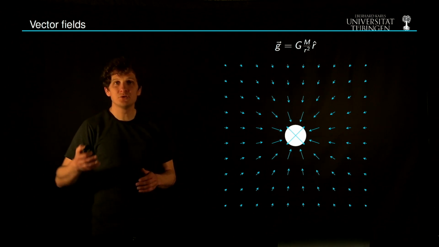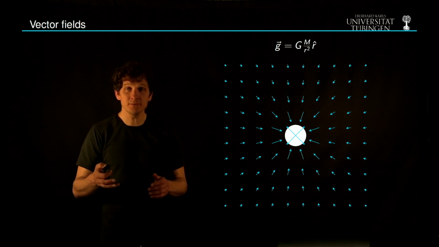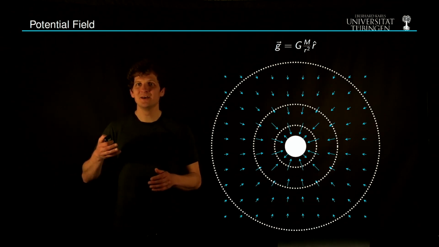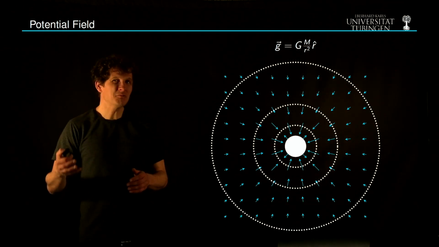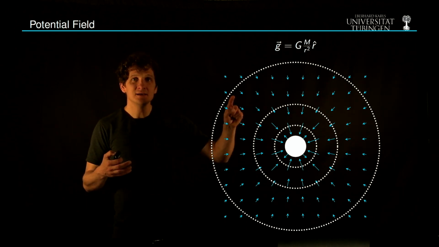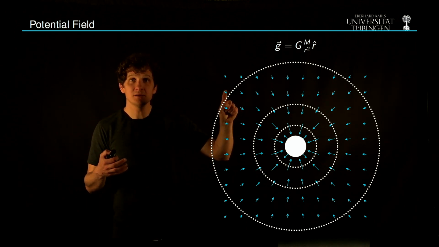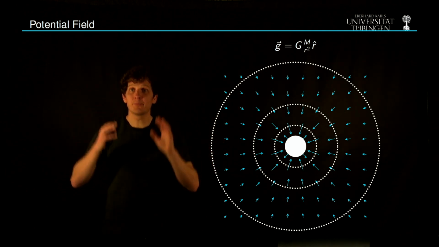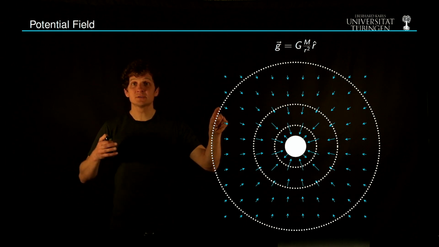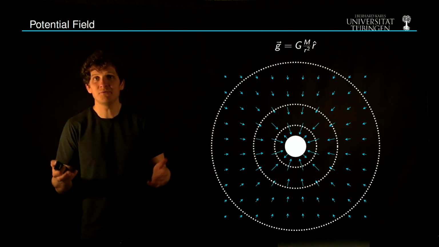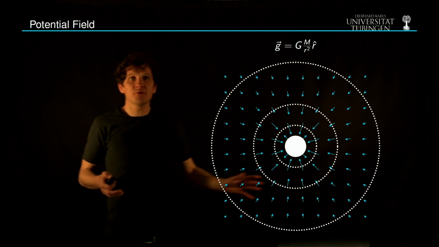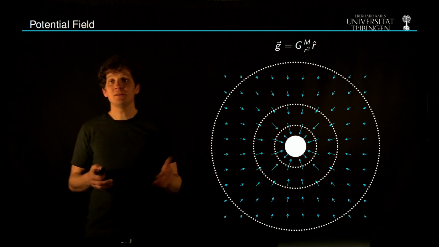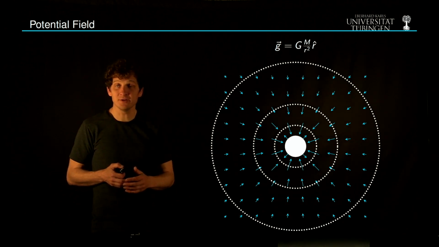And another way to visualize this symmetry is by using circles with different radii. And once I know that the gravitational force and the acceleration correspondingly is oriented perpendicular to those circles, then I have essentially the same information content using these radii as I do using the entire vector field.